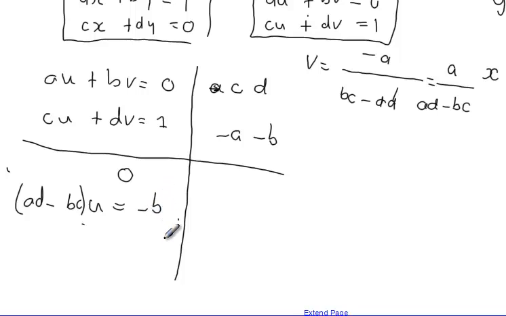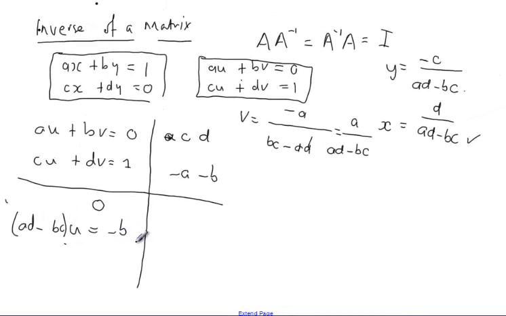Minus B. Then we're going to have U equals minus B over AD minus BC. Now we can make the matrix which you call the inverse. It was XY, remember? Which means it is what? D.